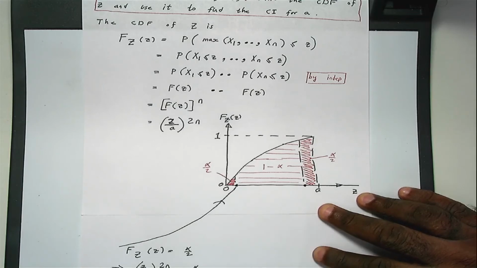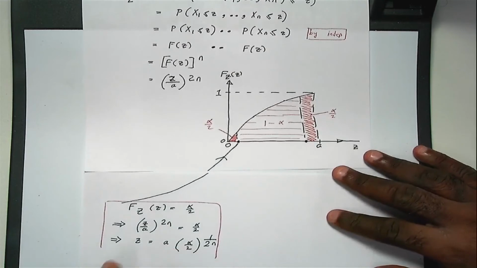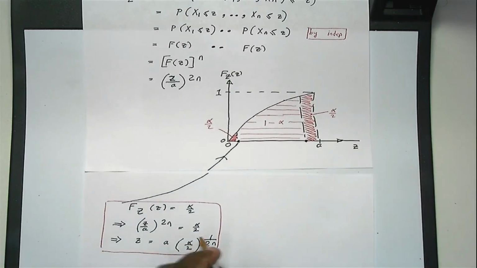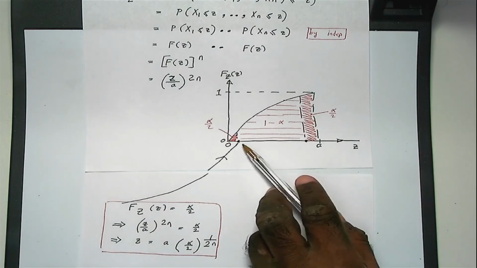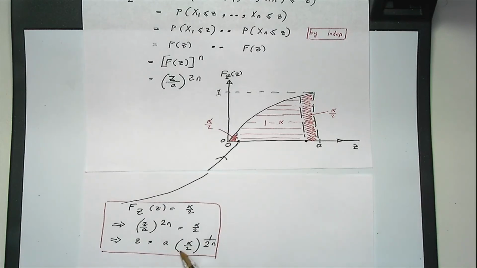So let me put this in a box so that you can see. You can see from this box that the coordinate of this point is equal to this. Okay.